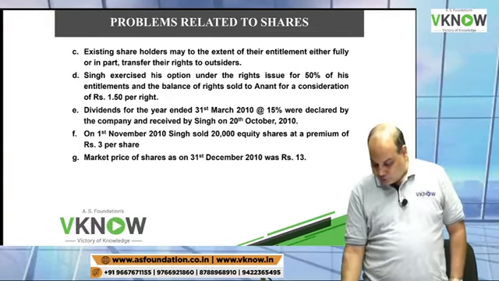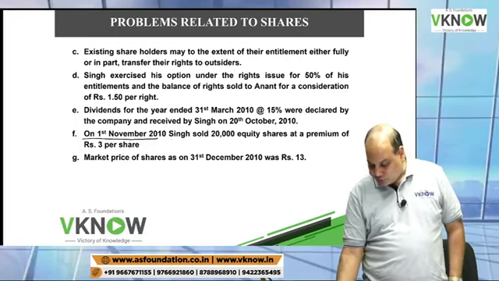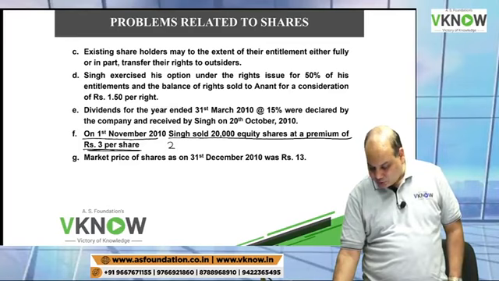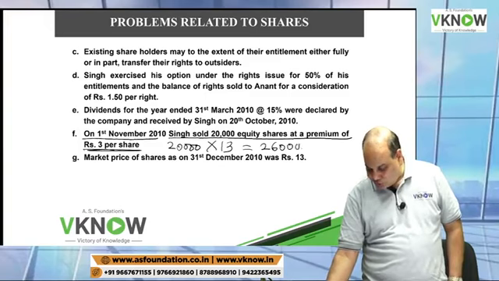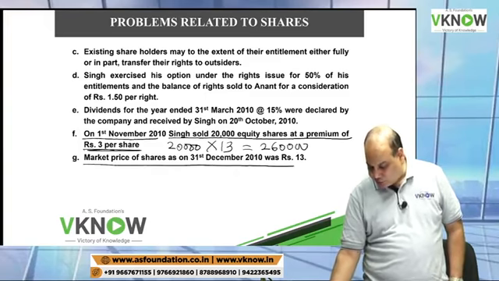Next line. On 1st November, Singh sold 20,000 shares at a premium of 3 rupees. So 20,000 into 13 rupees, 2,60,000. Market price of the share is given as 13 rupees.